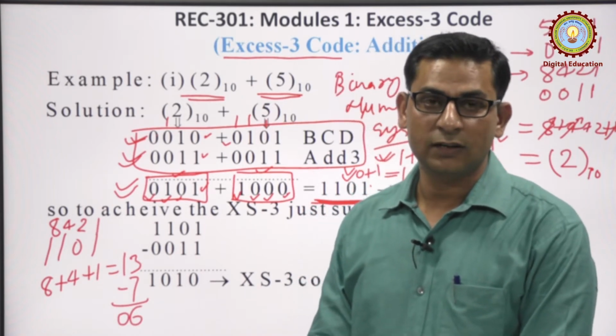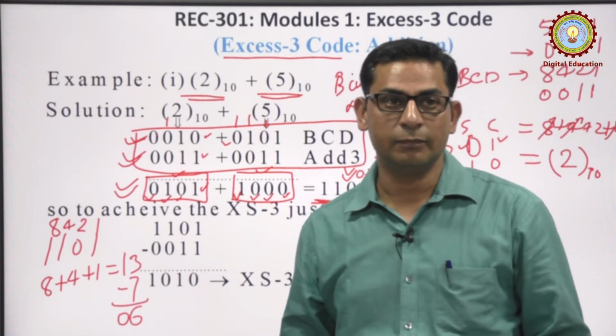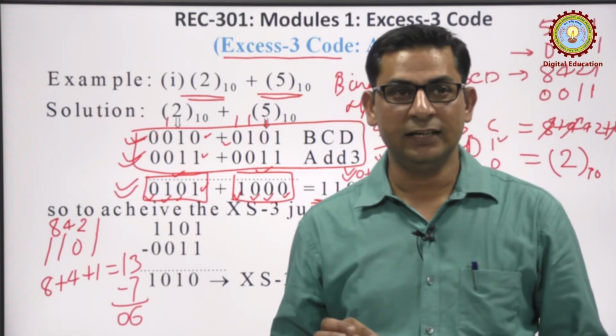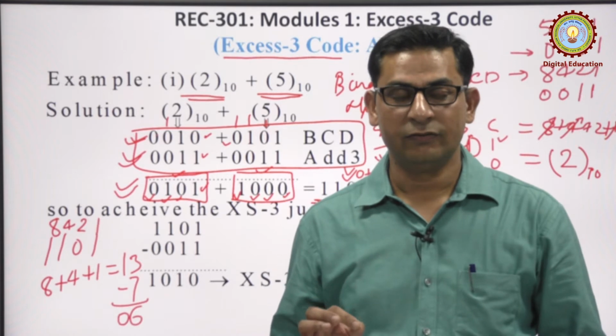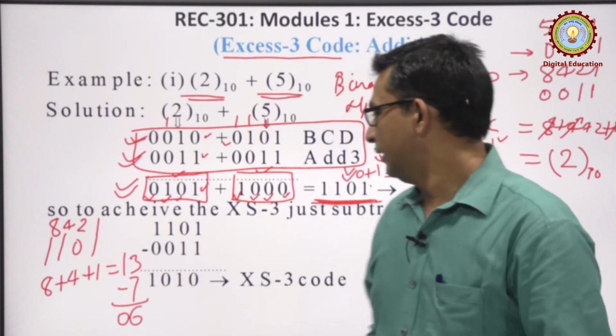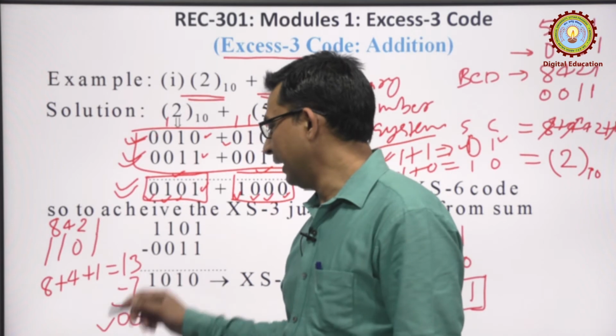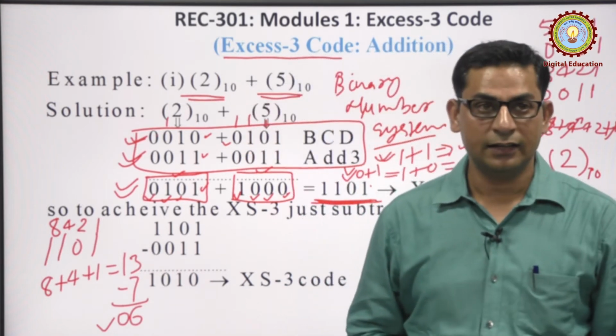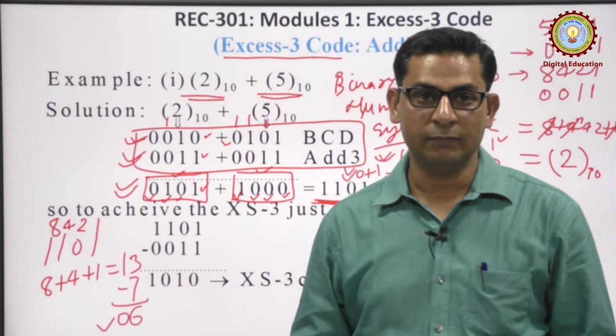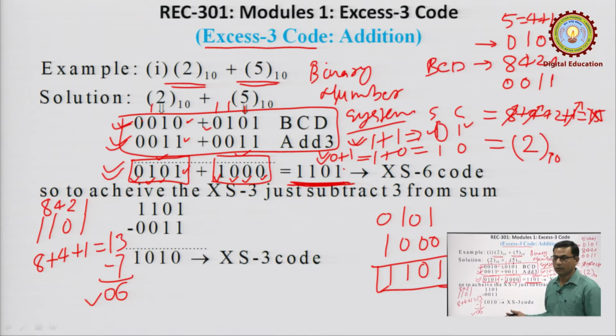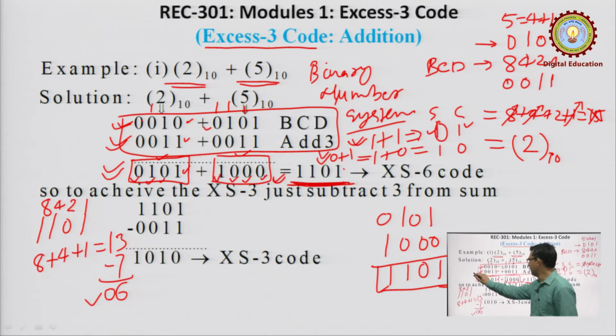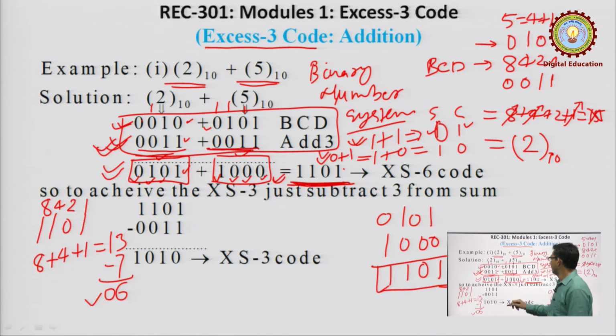The XS3 code represents that whatever the sum is, if we add the 3 in the decimal number, we will get the XS3 code. But in this case we can see we are adding the 6 in the sum of the decimal numbers, we are getting some code. It means this is the XS6 code, and we can verify from here we have added 3 two times, one time in the 3, one time in the 2 and a second time in the 5.